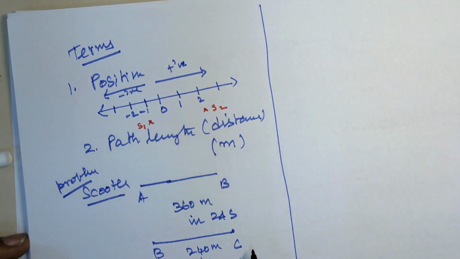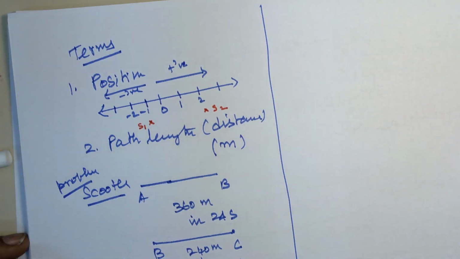C is positioned between A and B. Find the distance traveled, that is, the path length traveled by the scooter.